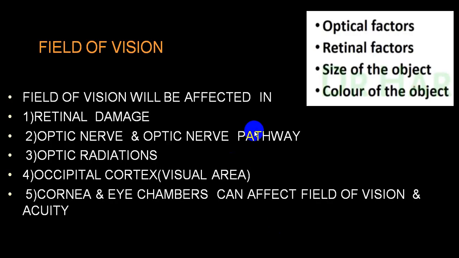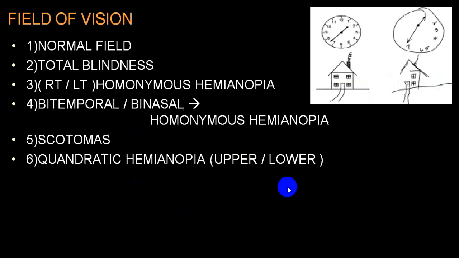And then you go for the field of vision, and field of vision will be affected in retinal damage, optic nerve pathway, optic radiation, visual cortex, or we call it occipital cortex, and also it can be affected by cornea, anterior chamber, posterior chamber, etc. So we have to keep this in mind.